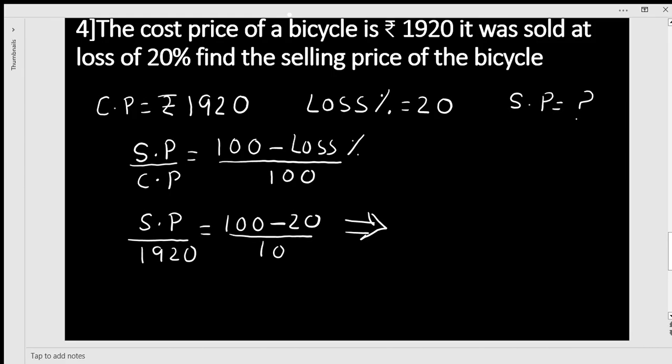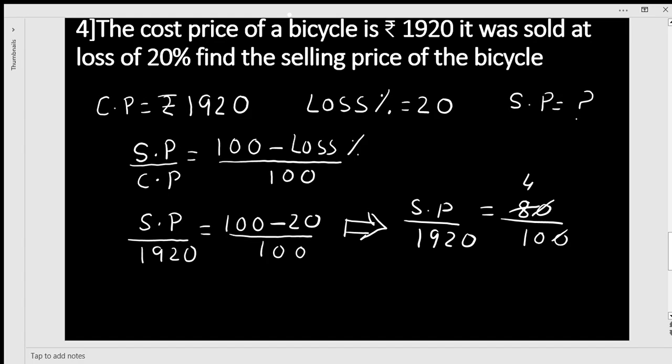Now we'll solve this further. That implies selling price upon 1920 is equal to 80 upon 100. Correct, students? 80 upon 100. Let us reduce the zeros: 4 upon 5. Since selling price is to be found, we will keep selling price as it is, 4 upon 5 as it is, and we will transfer this to this side.